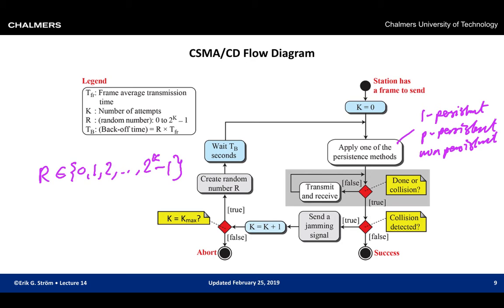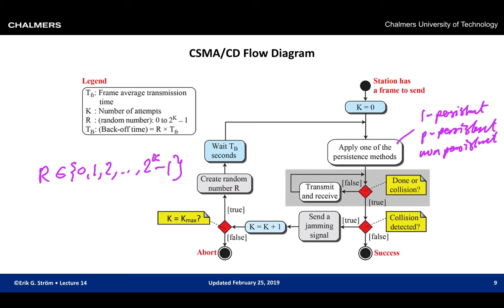How long do we need to wait? Well, it depends on how many nodes are competing for the channel at the same time. So for instance, if we have a third node here, there will be a backoff time for that one too, or a fourth node, or a fifth node, and sixth node, and so forth.